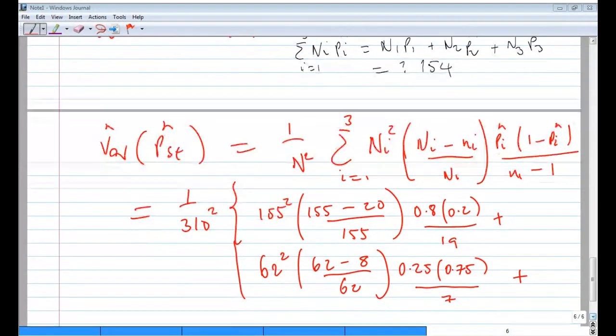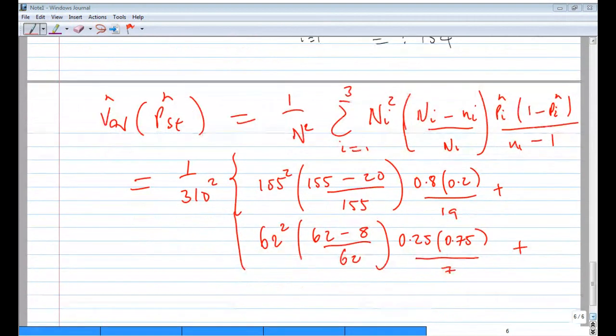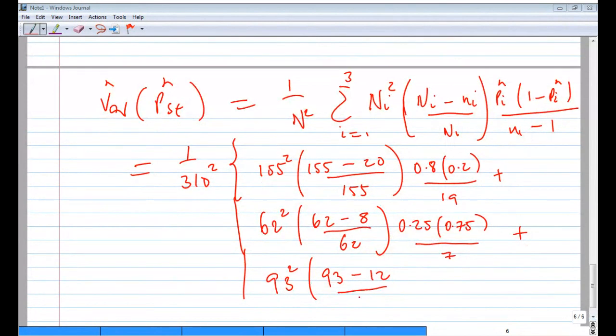We go to the last one. Plus the population size for the last stratum, which is 93. Then you square it. So it's 93 minus the sample size, which is 12. Then you divide by 93.